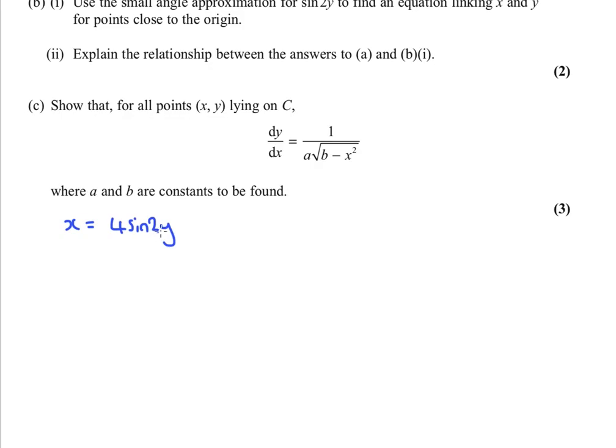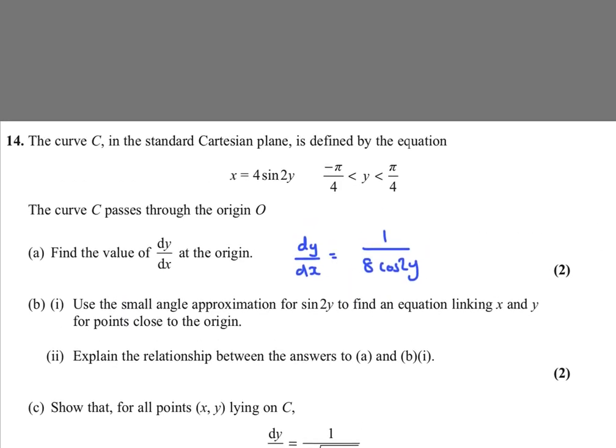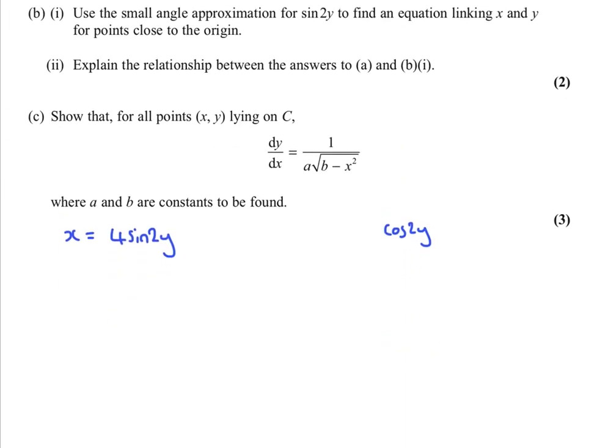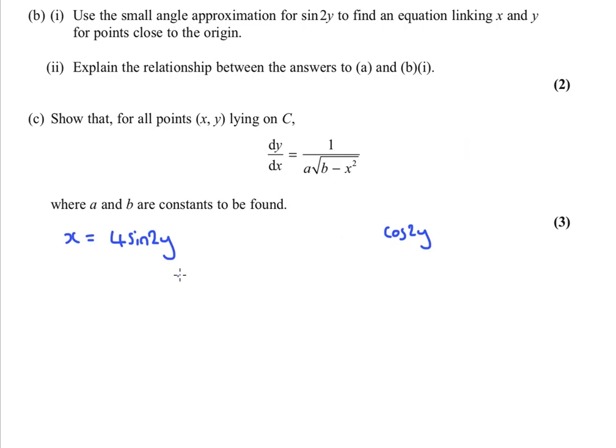We need to be able to write something about cos 2y so that we can swap it in here, something to do with x. And we know that sine squared plus cos squared equals 1, so that's what we're going to be aiming to use. So if I square this to get a sine squared, then we're heading in the right direction. So x squared will equal 16 sine squared 2y.